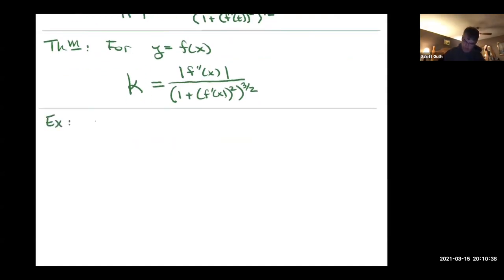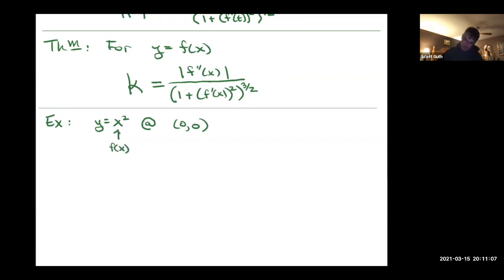Okay, let's do y equals x squared at the point 0, 0. So x squared is obviously my f of x.